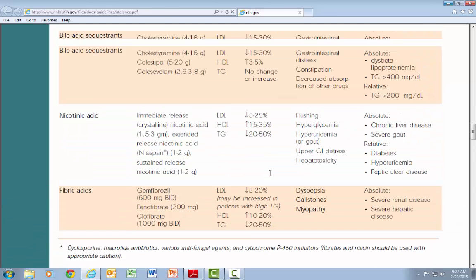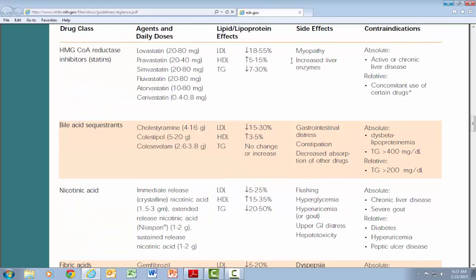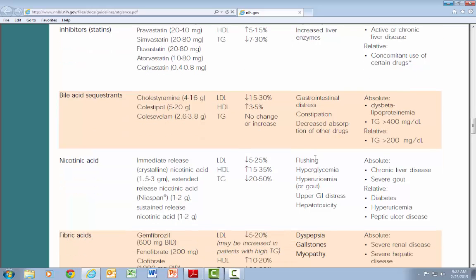Now let's discuss a little bit of the second line of treatment, the contraindications. We said first line of treatment will be statins unless contraindicated. Second line of treatment will be nicotinic acid and fibric acid unless contraindicated. Why? Because triglycerides are reduced best by nicotinic acid and fibric acid, and HDL is increased the best by nicotinic acid first and fibric acid second.